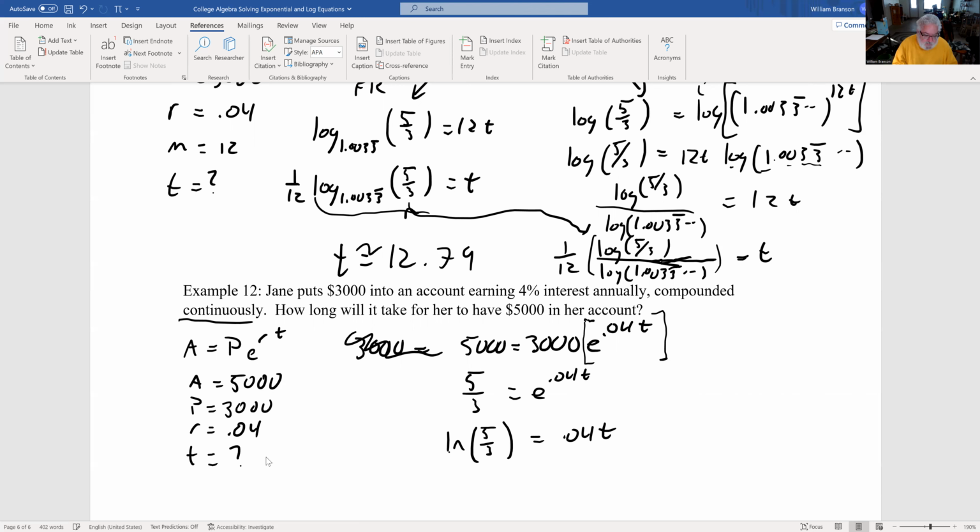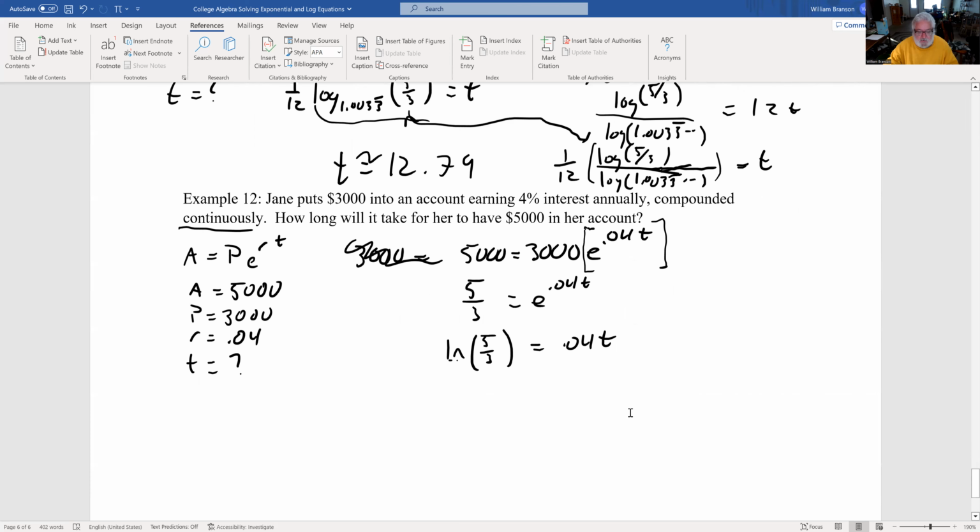And so this is on our calculator. Whatever calculator you have will have an ln button. So multiply both sides by 1 divided by 0.04, ln of 5/3 equals t. And you can grind that through your calculator and get 12.77 years.